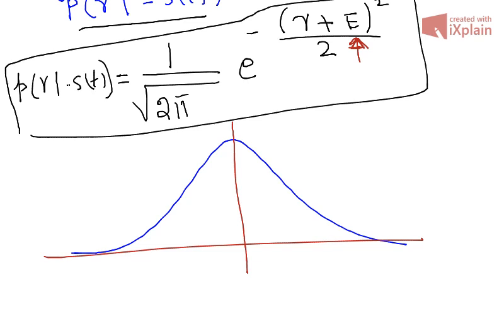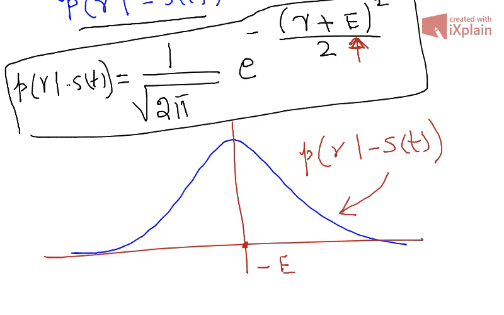So the mean is shifted to minus E. This point is minus E. So you have the PDF of R, given that minus S of t is transmitted. This is the conditional PDF of the received sample R when minus S of t is transmitted.